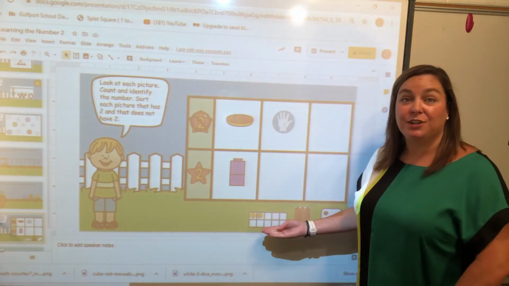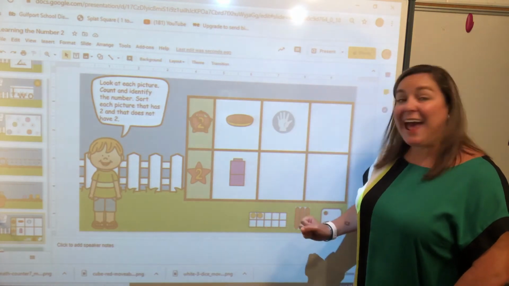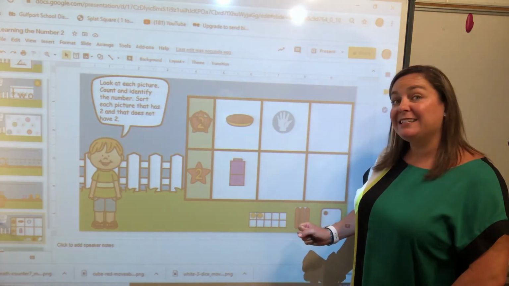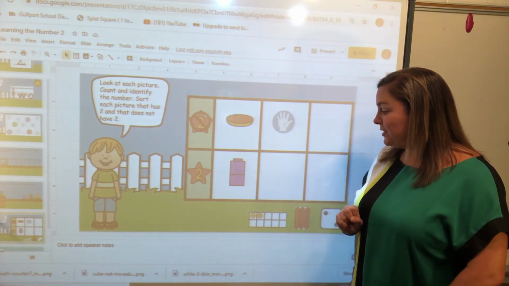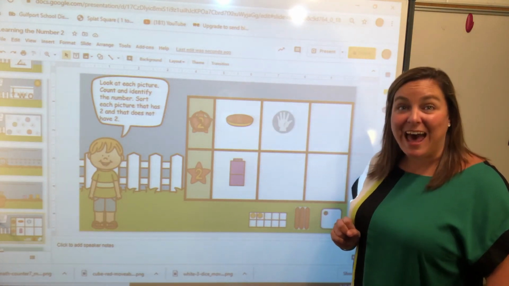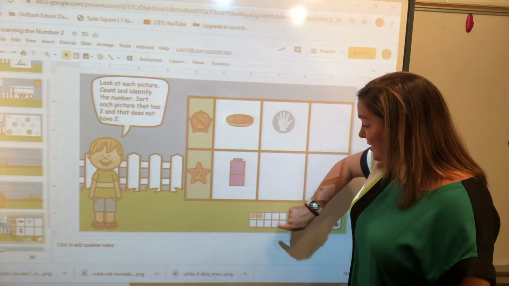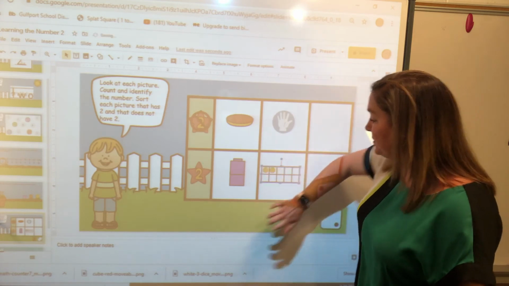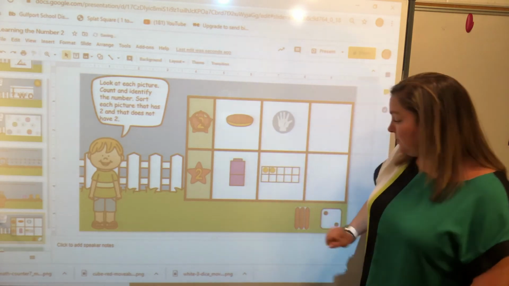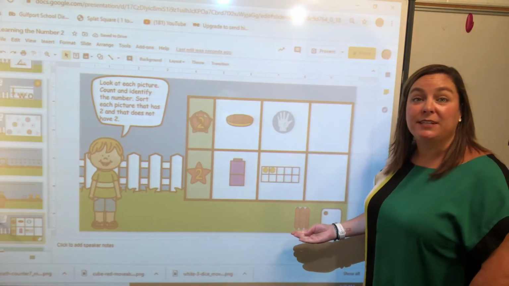Our next picture is a tens frame, and it has some counters in it. Let's count how many. 1, 2. That does have the amount of 2. Let's place it in the side that does have 2. Next, we have popsicle sticks.